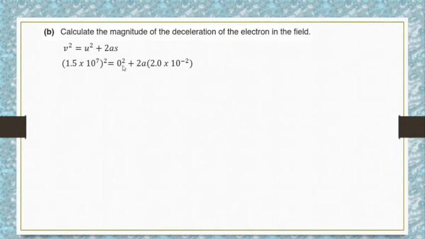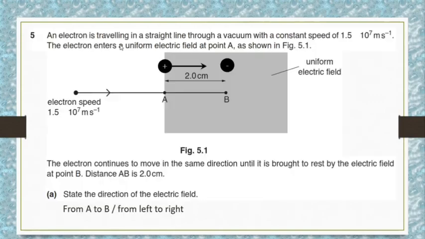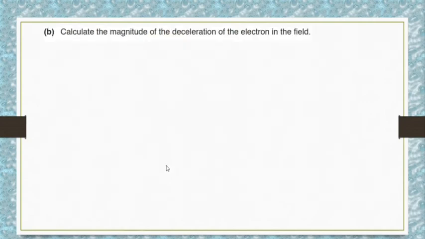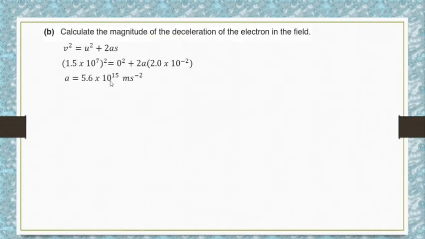U is 0 because it starts moving from rest. And the distance it traveled is 2 centimeters. So we have here the acceleration to be 5.6 times 10 to the power of 15 meters per second squared. This is negative because this is the deceleration.